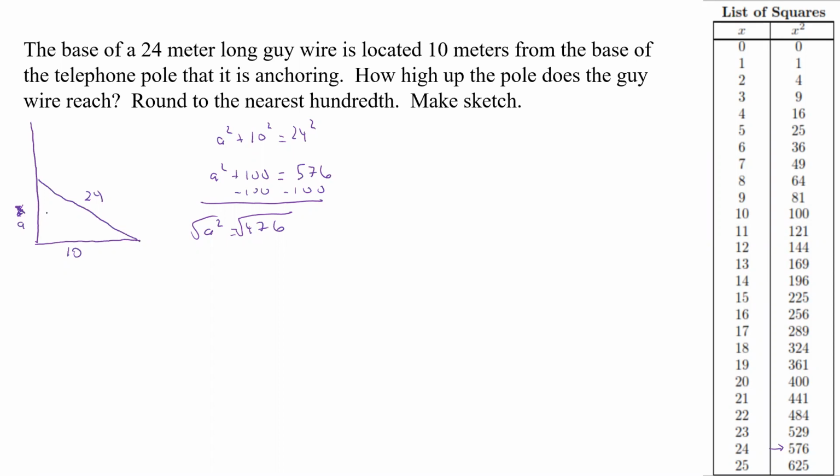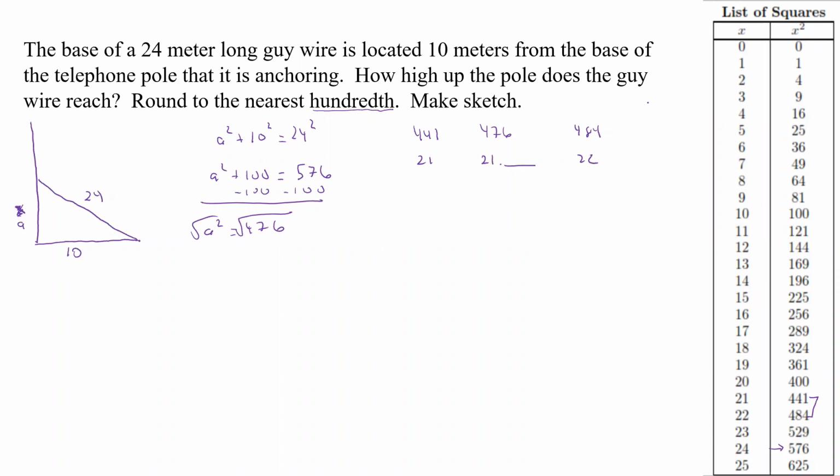And so what we need to do then is look on here, 476, well, that's going to be somewhere between here, and this one also asks to the nearest hundredth, okay? So we're going to go from 441, which is 21, up to 484, which is 22, and we're somewhere in between at 476, so that's going to be 21 point something, all right?